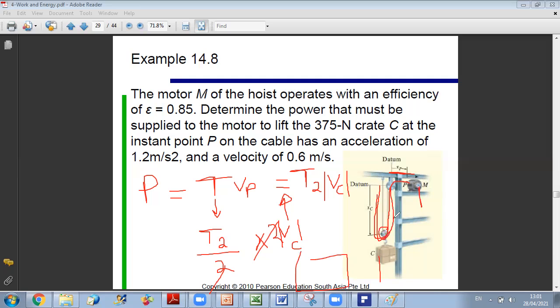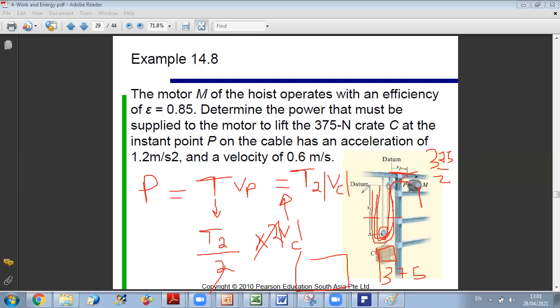Because here, for example, we divided by 2. Here you are accelerating the system, you have a certain acceleration, but let's say you just want the equilibrium condition. If the crate is in equilibrium, and its weight is 375 Newton, you just need to develop a force in this cable equal to 375 over 2, because the system of pulleys wraps the cable twice over the pulley, so we have 2T instead of 1T.